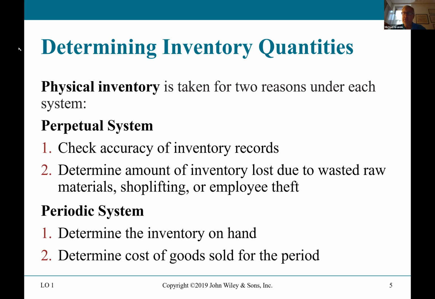They want to make sure it's accurate and make adjustments, and determine the amount of inventory lost due to wasted raw materials, shoplifting, and employee theft. Under a periodic system, you only calculate inventory usually at the end of a month or the end of a year. They want to periodically determine the inventory on hand and the cost of goods sold for that period.